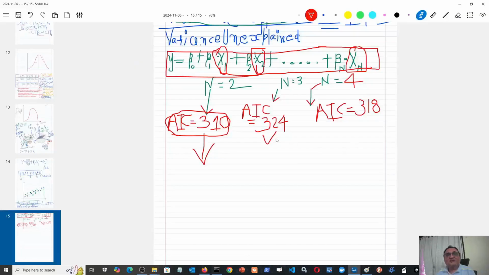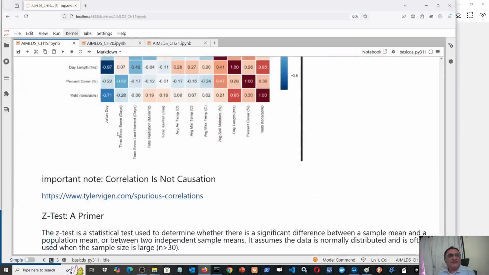So including those three as x1, x2, x3, I got a model that gives me AIC 324. That tells me I'm going on the right track because my AIC increases. So here I'm comparing two models, one with only two features and another with three features, right?